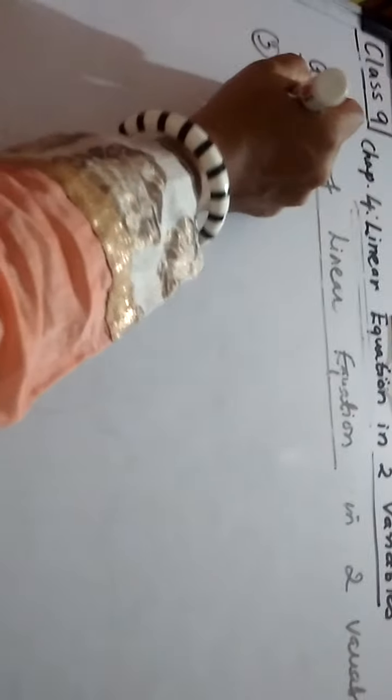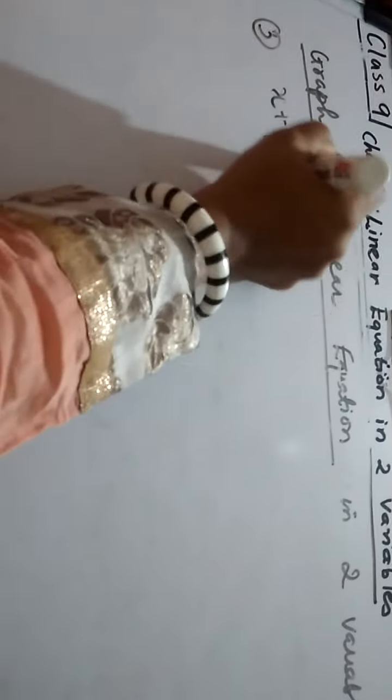नाउ विल सी अनदर एग्जाम्पल फॉर ग्राफ. We have to draw the graph for x plus y is equal to 7. Okay, x plus y is equal to 7.